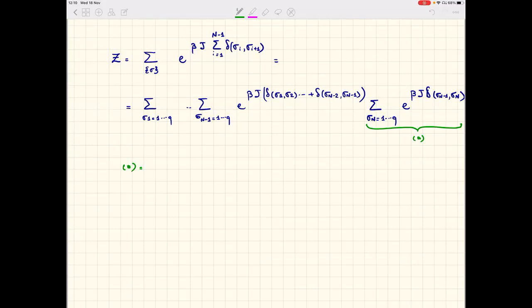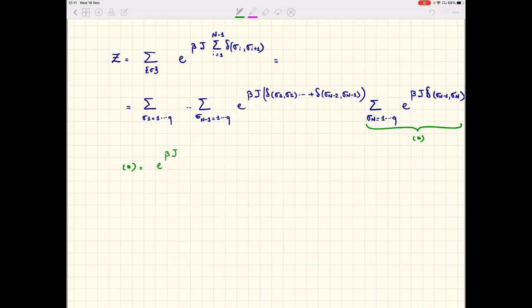Because we run from 1 to q, with the exponential part, the result is e to the beta J when we have the same spin, and when we have a different spin, it is e to the beta J times 0, which is 1.